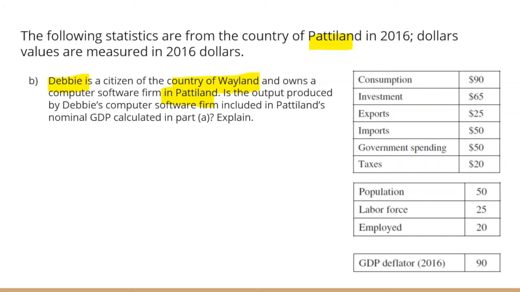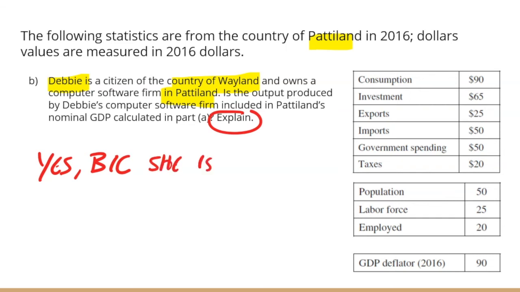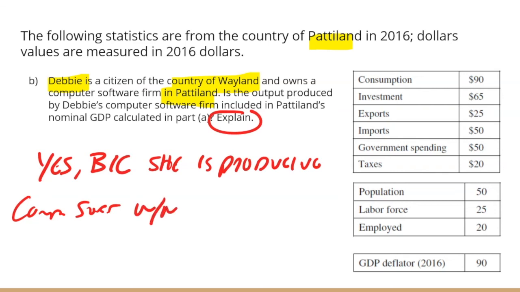And so here, the correct answer to this question, does Debbie's computer software, even though she's a citizen of Wayland but owns a computer software firm in Paddyland, is her firm included in Paddyland's nominal GDP? The answer is yes. And remember, it says to explain, so we have to add the connecting word because she's producing her computer software within Paddyland.